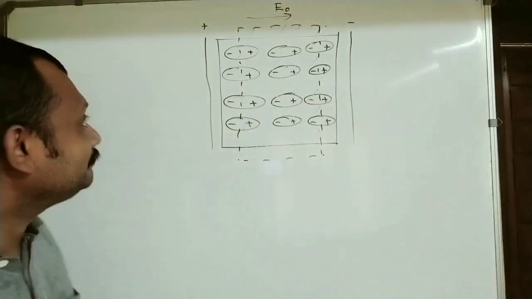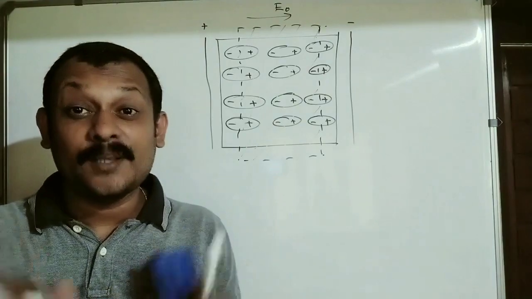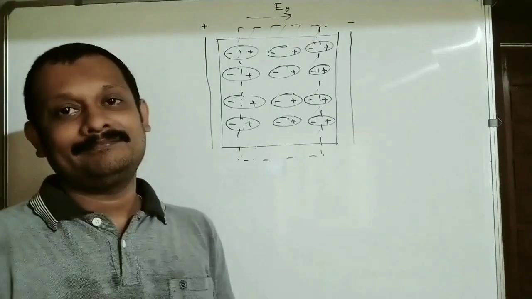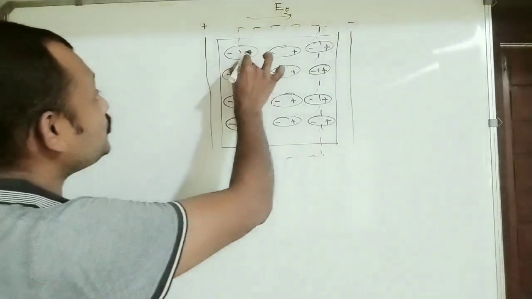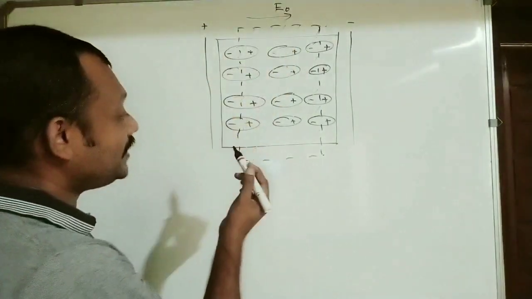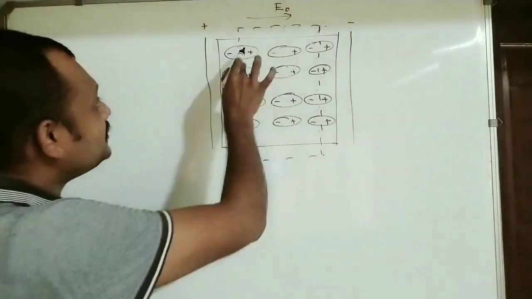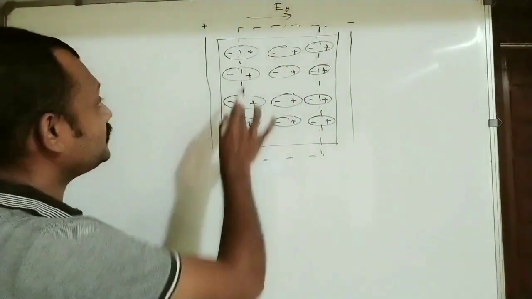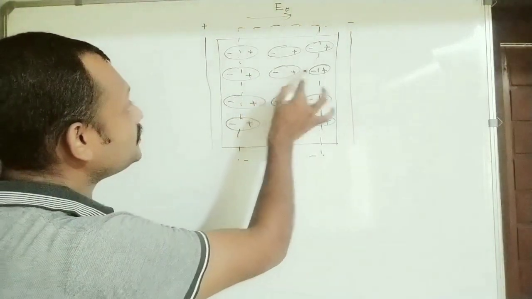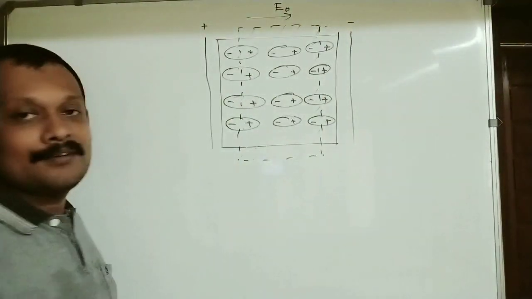So what happens here? In a solid, the molecules are very thickly packed, such that this positive and this negative charge are very close to each other. These two are very close to each other, and so on. What will happen?